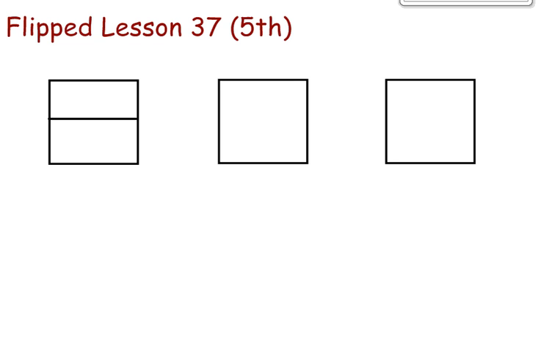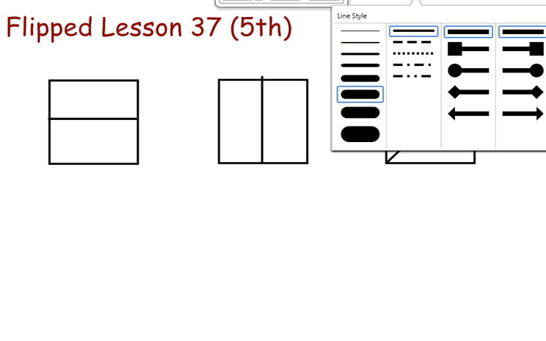We could divide it that way, that's half. We could divide it that way, that's half. Or another possibility would be going corner to corner, and easily showing you how you can do this to show all the different ways.